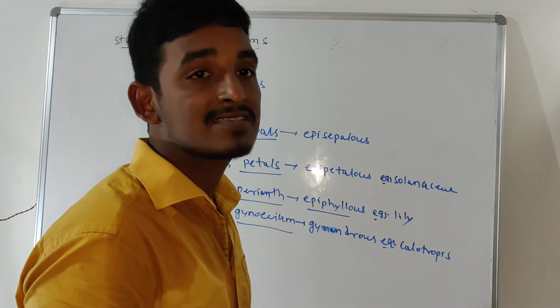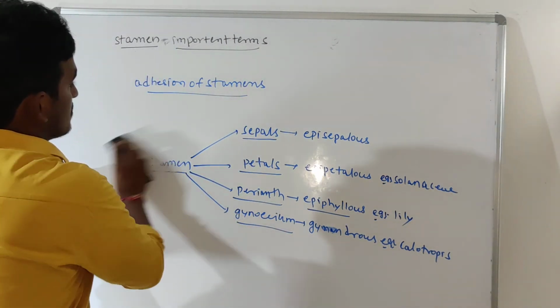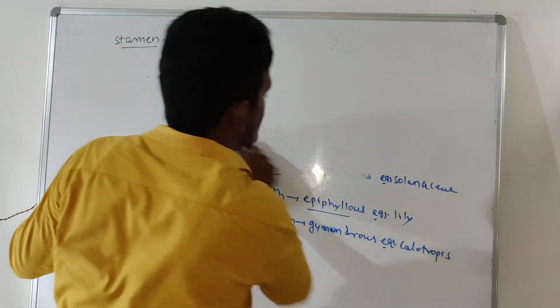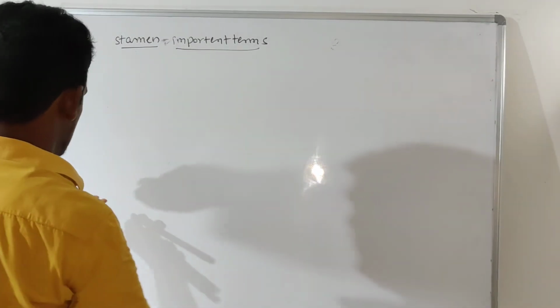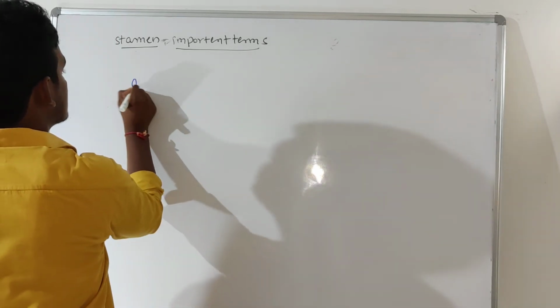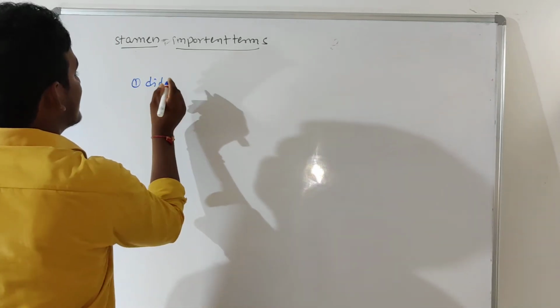So later we will discuss other types. Those are based on length: didynamous and tetradynamous.